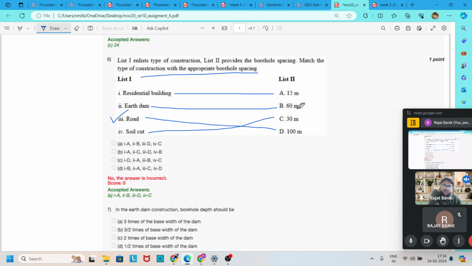So 1 is equal to A, 2 is equal to B, 3 is equal to D, and 4 is equal to C. So the correct option is A, B, D, C. So the correct option is A.